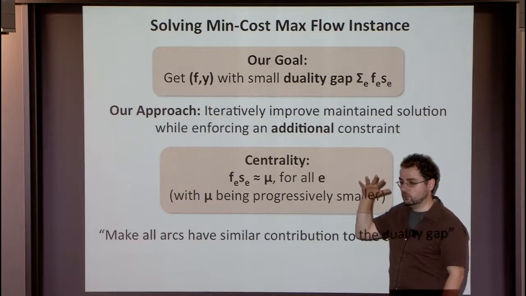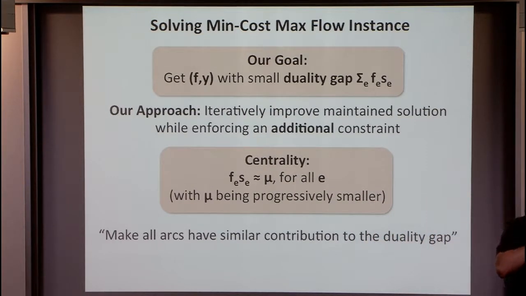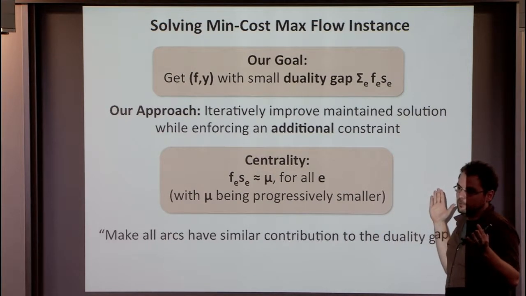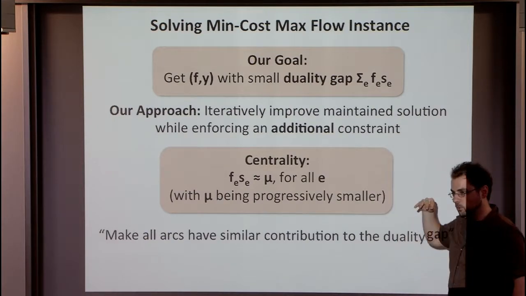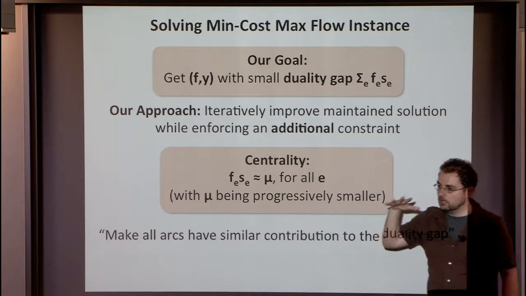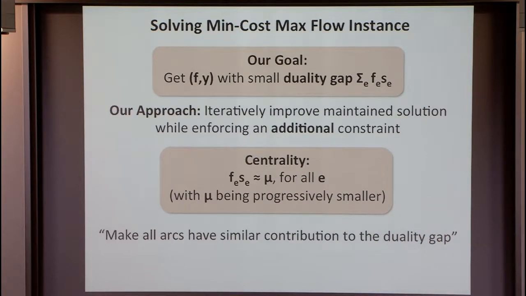For the primal dual framework we just need to reduce the sum, but we also want to reduce it in a uniform way, so that the contribution of each edge goes down at the same rate.